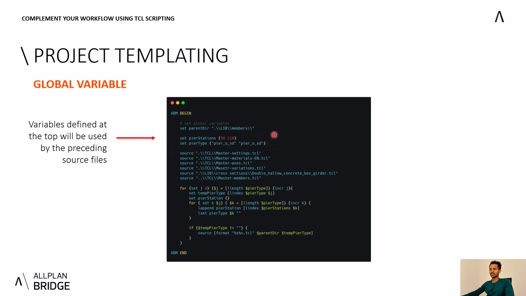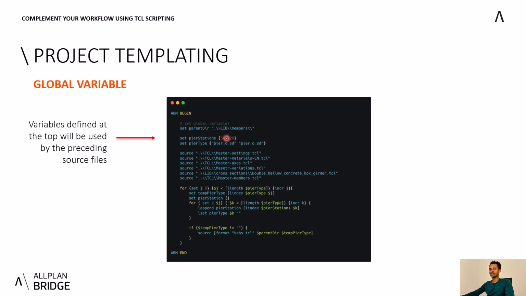In this case, this is also a demo that will be shown in the next slides. But basically what it does is it changes the pier type based on the name of the pier that you assign. In this case, we have a library. In this library, we have a set of members. For a pier, we have different types of piers, so the names are quite different.